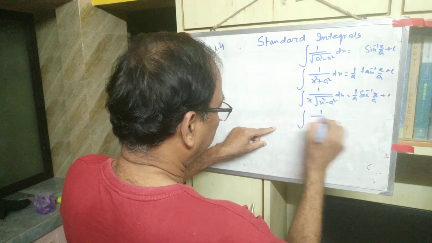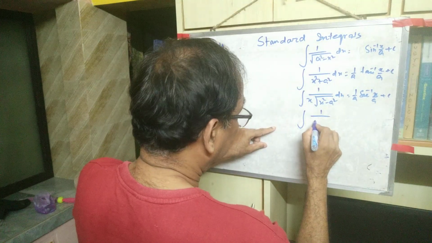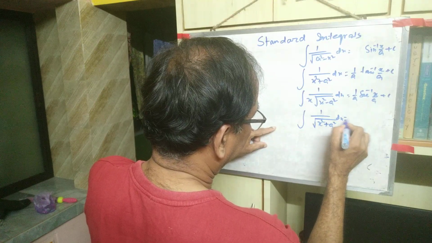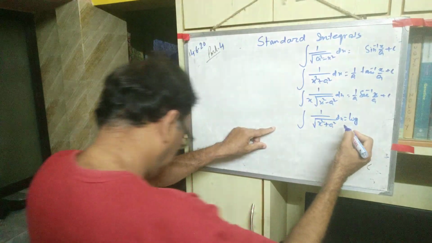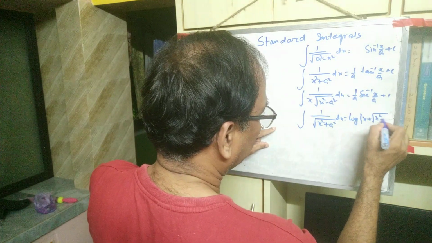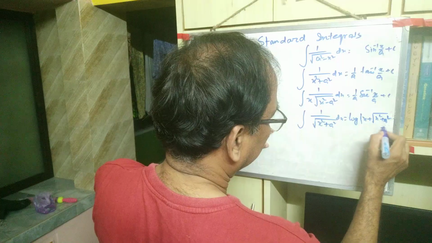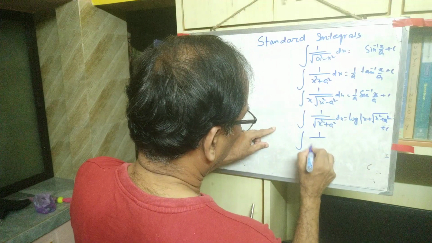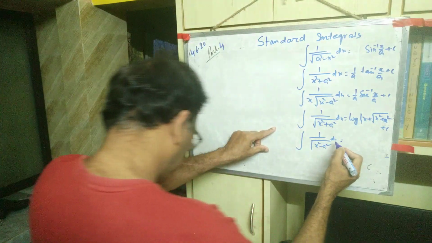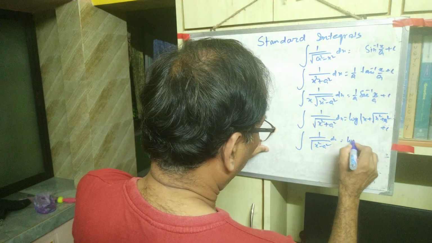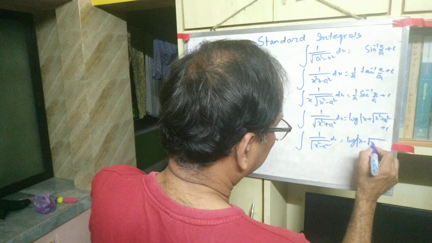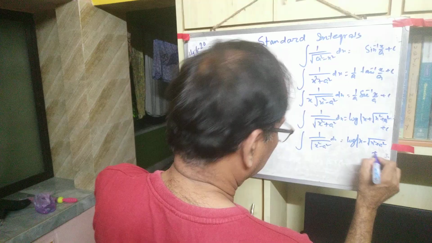Another one, 1 by root over x square plus a square dx equals log of mod x plus root over x square plus a square plus c. 1 by root over x square minus a square dx equals log of mod x minus root over x square minus a square plus c.